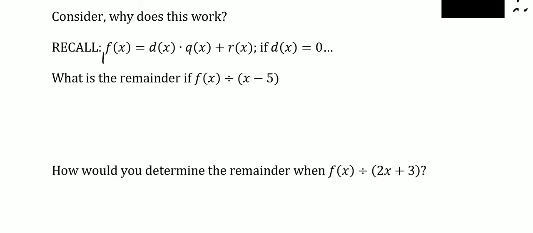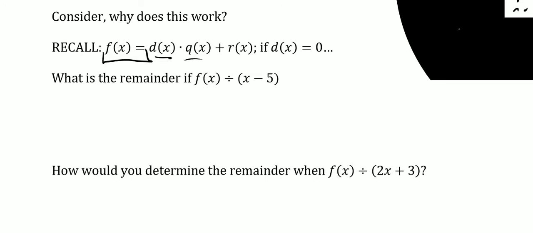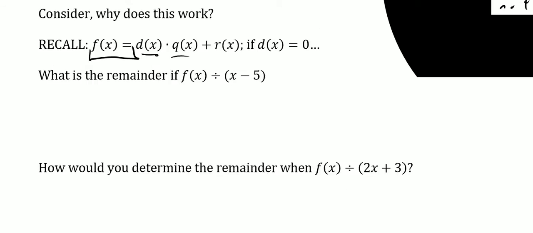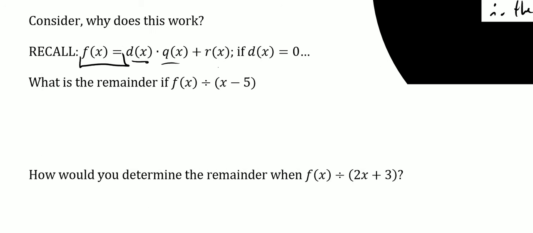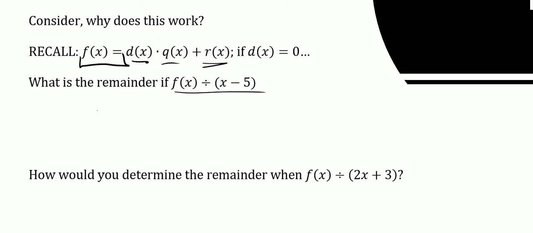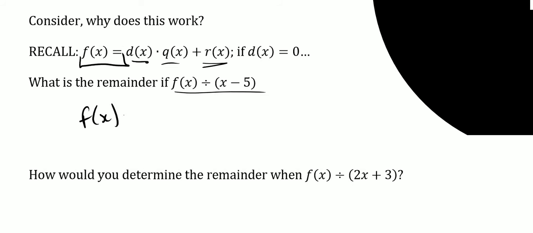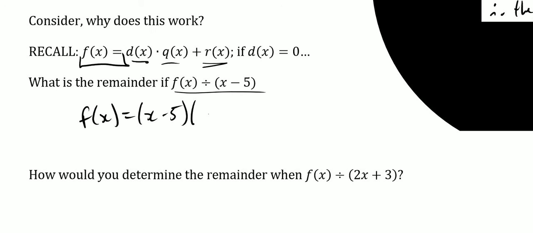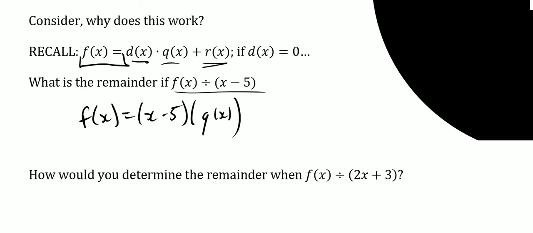So we have f at x is equal to, remember this is our division statement, d at x times q at x. It's like growing. It's like a cancerous tumor growing on our note over there. Plus r at x. Okay, so think about what this means. If I divide f at x by x minus 5, I'm going to get f at x equals, oh my gosh, x minus 5 times, all I know is q at x because we haven't actually done this yet, plus r at x, right?